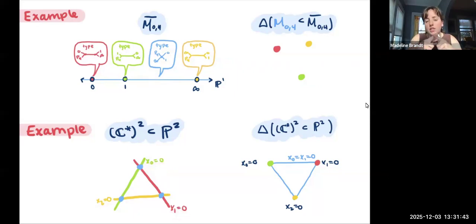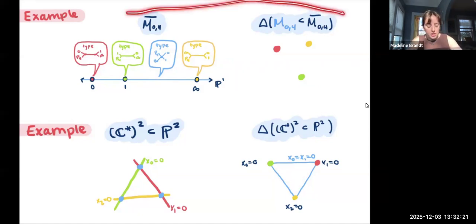And then those each intersect in a point where 2 of the coordinates are 0. So the dual complex, I'd get one green vertex corresponding to this green component, one red vertex, one yellow vertex, and then they each intersect pairwise, so I get an edge between them. But the triangle is not filled in because the 3 components don't all intersect. So that's an example where there's a little bit more going on.